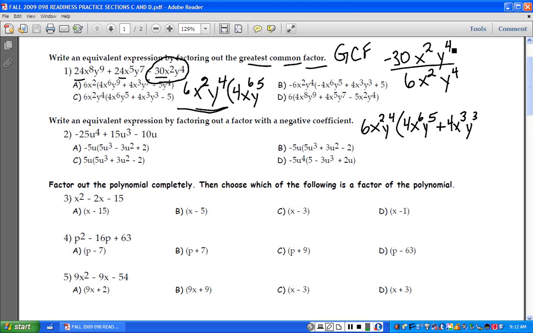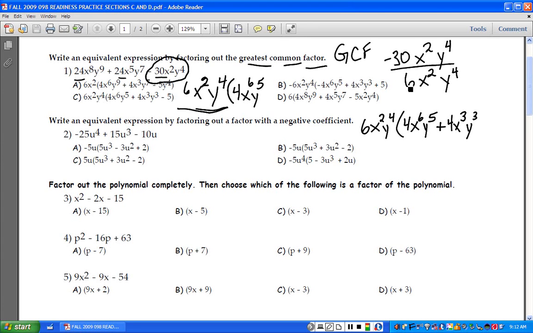Okay, so negative 30 divided by the 6. Again, we're dividing this third term in the polynomial by what we've decided to pull out, what we've decided we could factor out, our GCF, our greatest common factor.